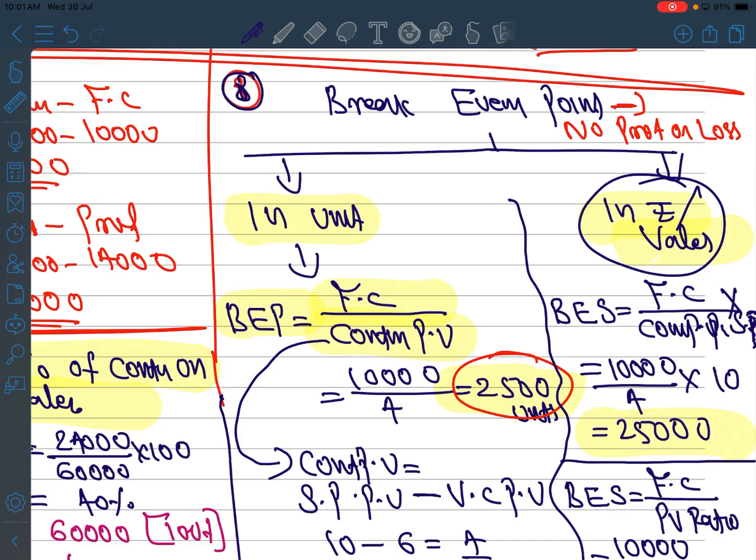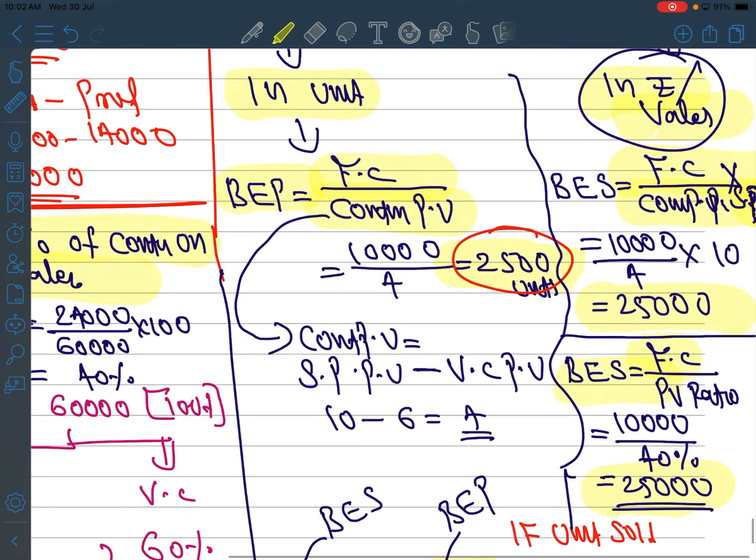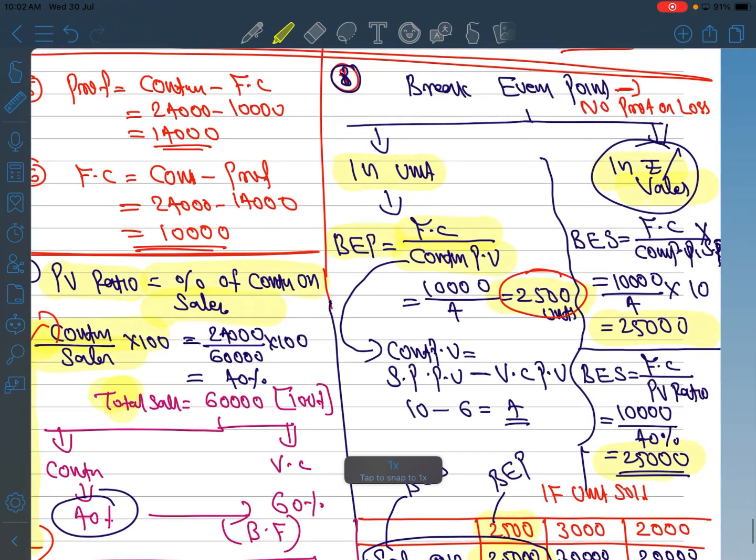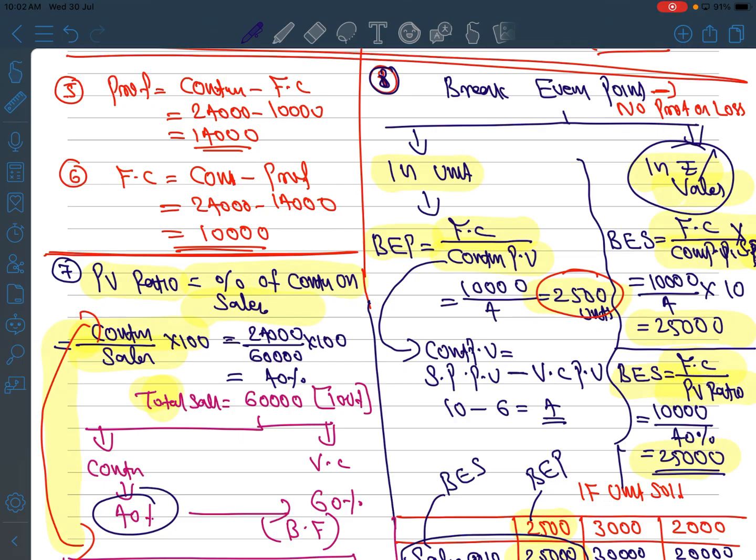In units, the equation is break-even point equals fixed cost divided by contribution per unit. Then in rupees, there are two equations. Number one is fixed cost divided by contribution per unit into selling price, or simply fixed cost divided by PV ratio. Which equation should be applied? Based on the question information and circumstance. There is no restriction on applying either. You can apply as per your convenience.